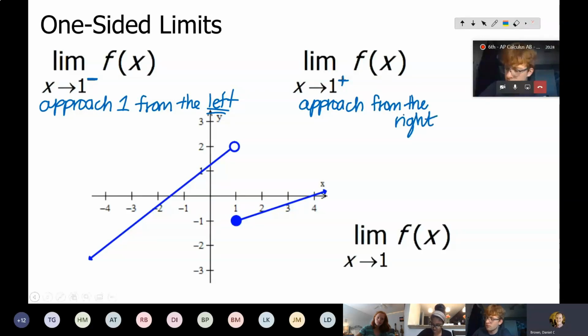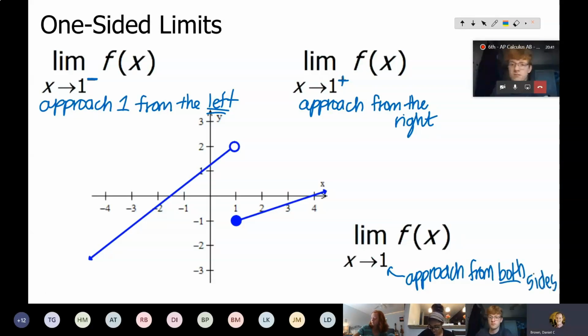And if you see nothing there, so this is what we talked about in that first slide, you always have to approach from both sides. So we have left-hand limits, right-hand limits, and two-sided or both sides limit.